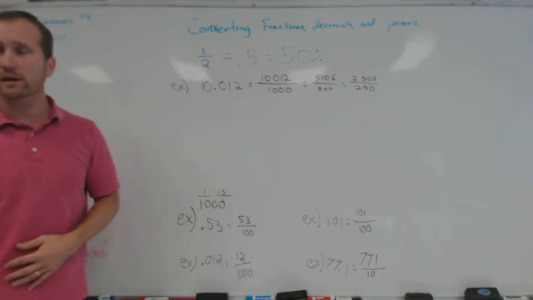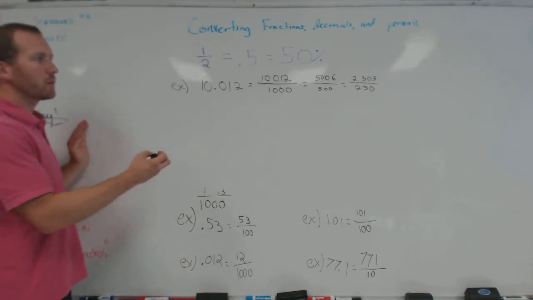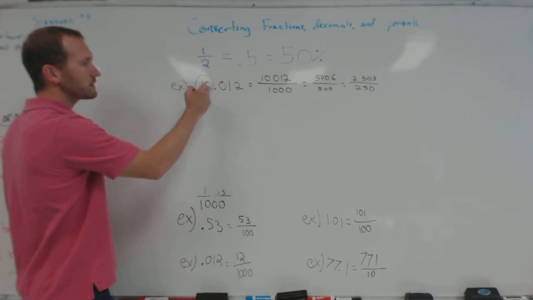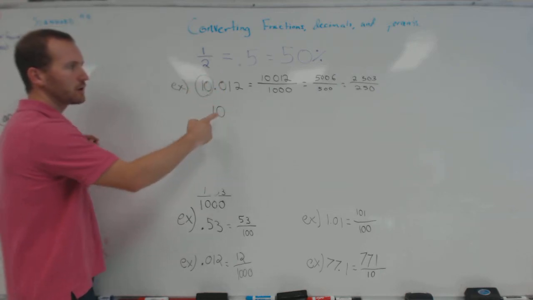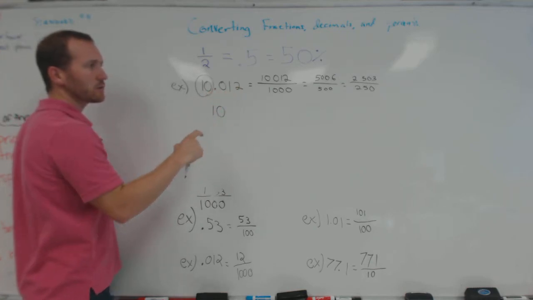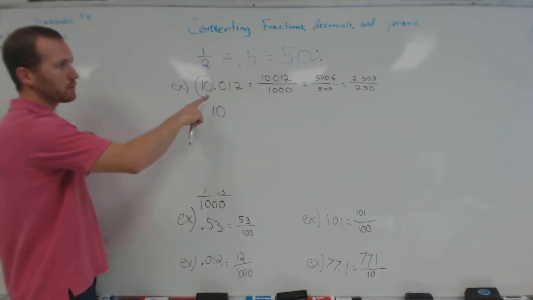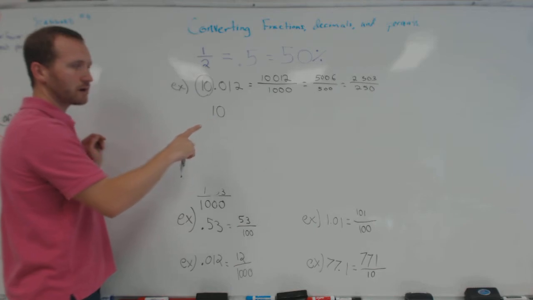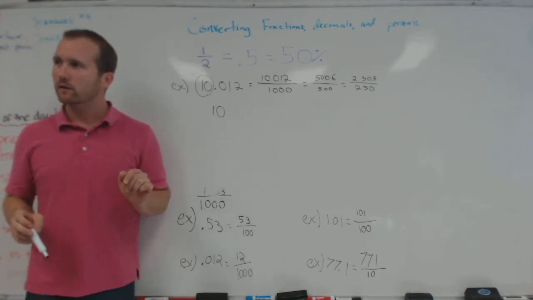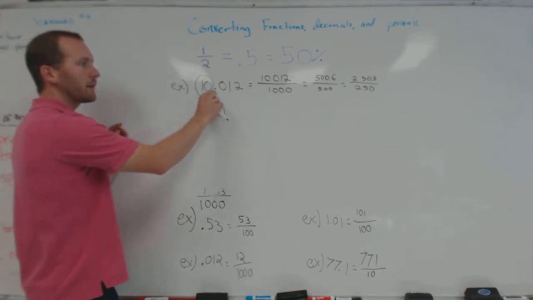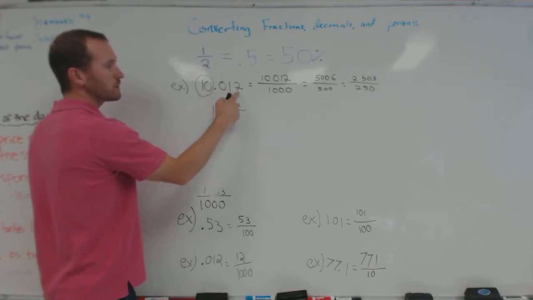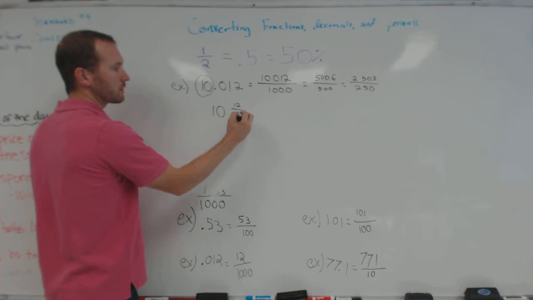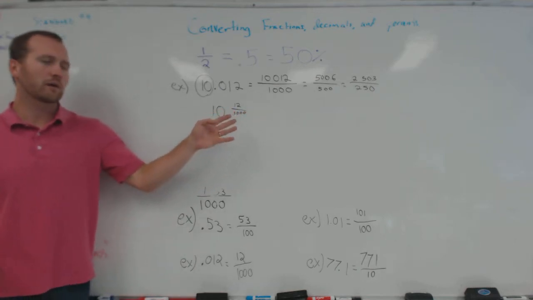Okay. If you wanted to turn it into a mixed number, what you do is you just take this as your integer, and then you just turn this into a fraction. So you ignore this when you're converting to a fraction. That would make it 10, and then I take this number, so 12 over 1, 2, 3, 1, 2, 3. 10 and 12 thousandths.